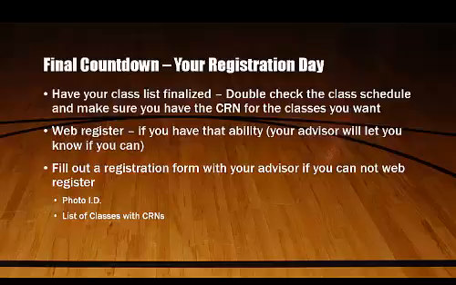So make sure you have your photo ID and your list of course registration numbers available on that day whenever you go up to register, because if you don't have your ID and your list of classes, you won't be able to fill out that registration form.